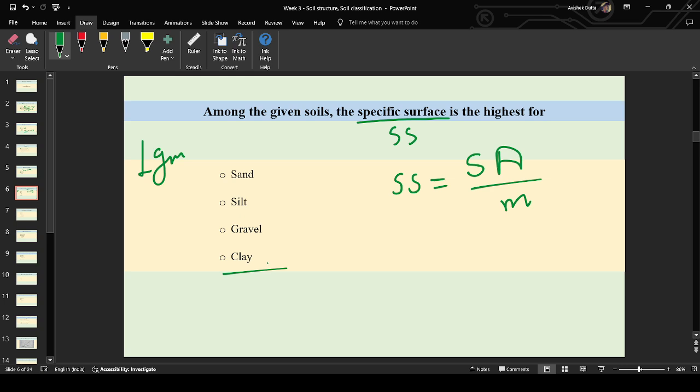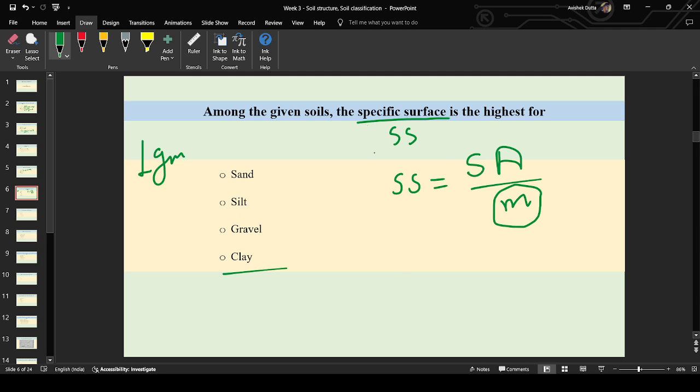More the number of particles, greater will be the surface area, because each particle will have a particular surface area. Obviously gravel will have larger size particles, but the number of particles will be so high in clay that the surface area will be more for a given mass of soil. Since surface area is the highest for the given mass, that means specific surface is the highest.